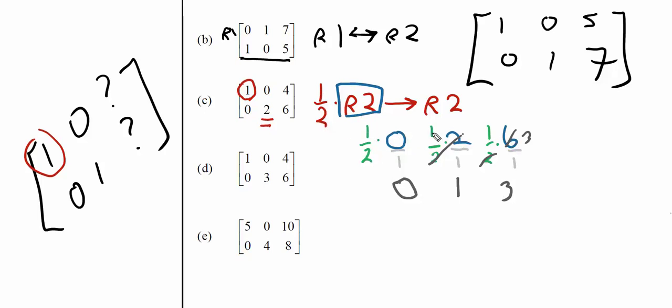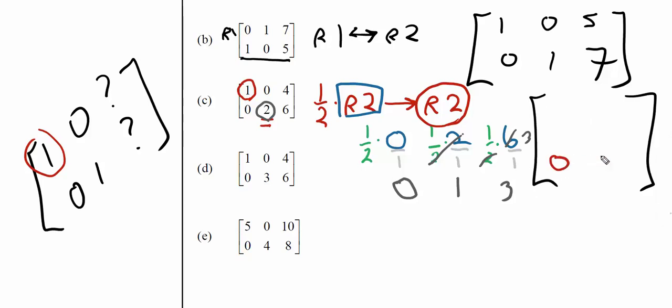And we're going to multiply everybody by 1/2 because it's a reciprocal of this 2 right here. And then when I do that, I get this answer. And I'm telling you now that this answer is our new row 2. So my new row 2 is what I got here, 0, 1, 3.